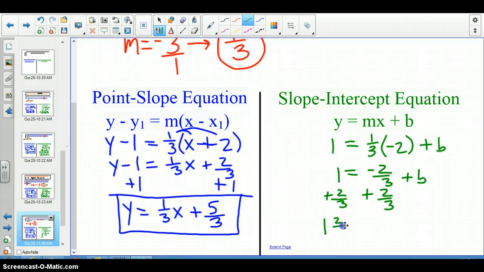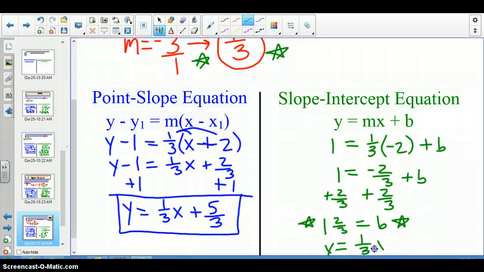So you have 1 and 2/3 equals b. I'm going to star that. Here's my slope. Write my new equation. y equals 1/3 x plus 1 and 2/3. Same exact answer, just different ways of writing it.